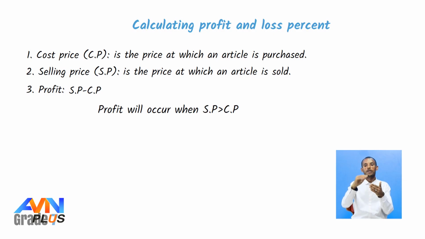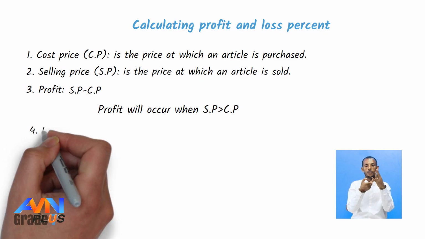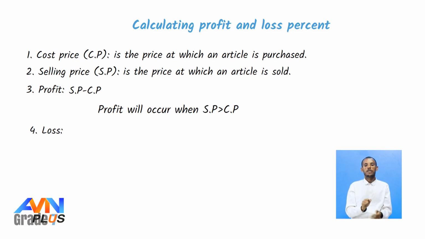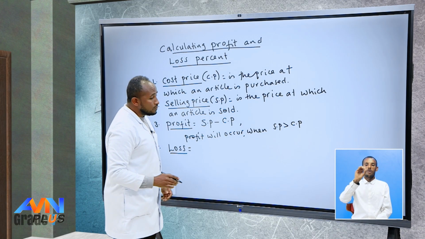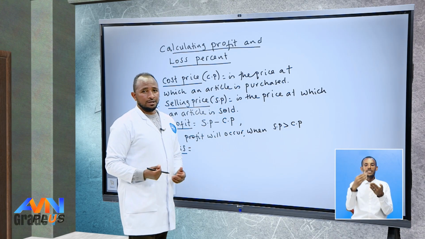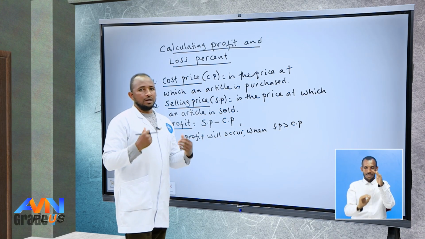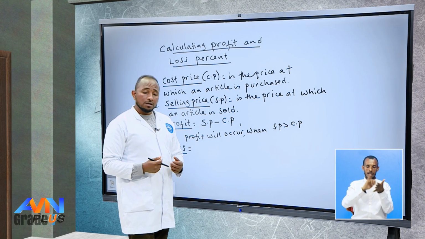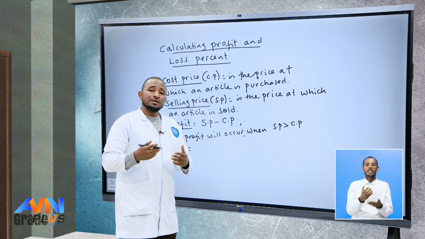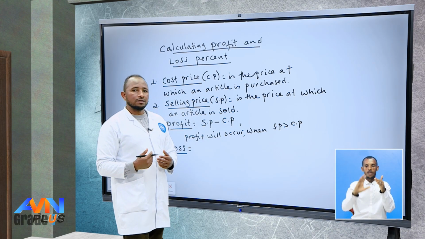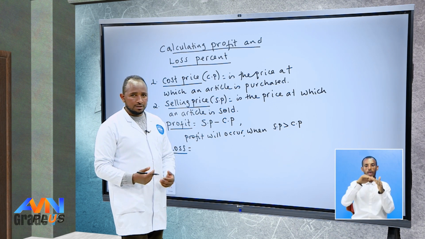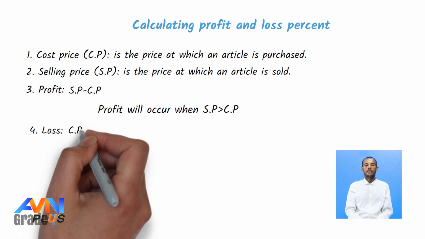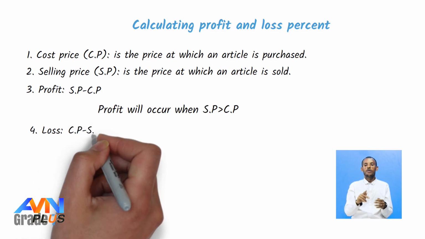Again, the fourth concept is loss. If you sell an article less than the price you spend on it, you will have a loss. That means if the selling price is less than the cost price, in that case there will be a loss, and the loss is given by this equation, cost price minus selling price.